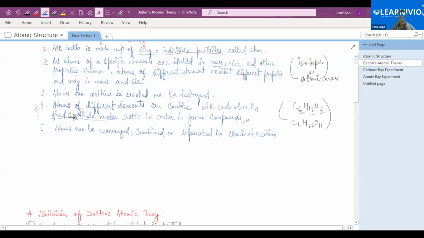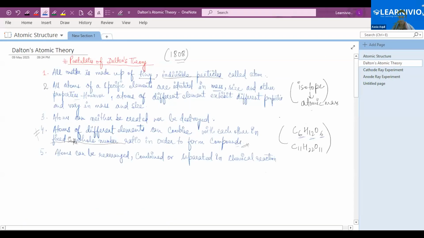The next postulate was that atoms can be rearranged, combined, or separated in a chemical reaction, which is okay. When a chemical reaction occurs, atoms rearrange themselves, combine with others, or separate from each other to give a product. These are the 5 postulates of Dalton's theory.